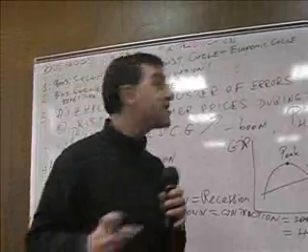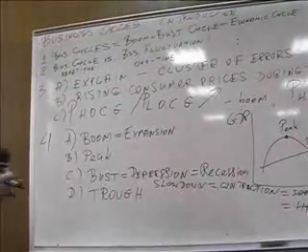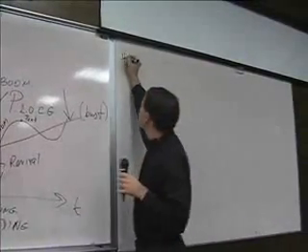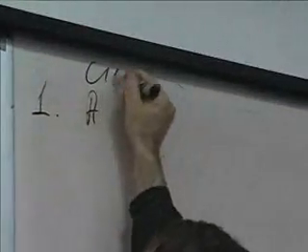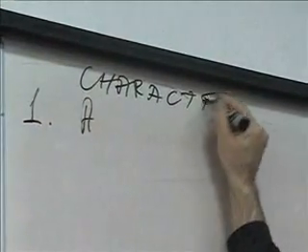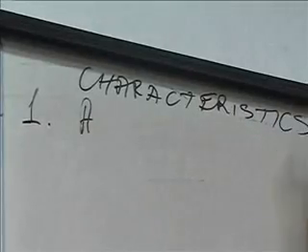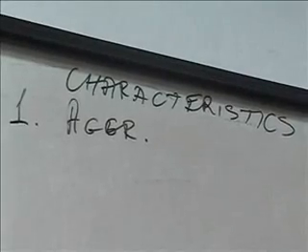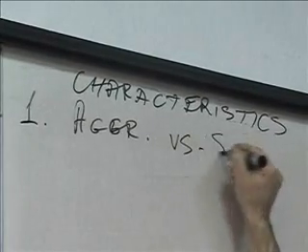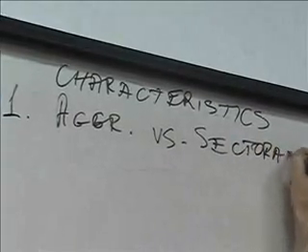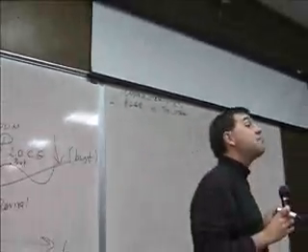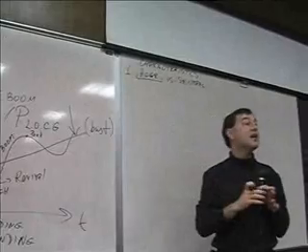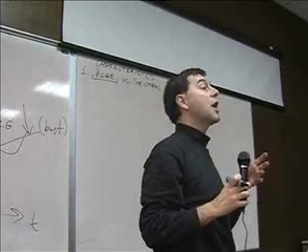So let's discuss some basic characteristics of business cycles. The first one, which I have already mentioned, is aggregate versus sectoral. So a business cycle is characterized by the aggregate economy.